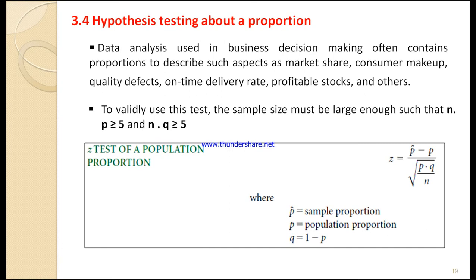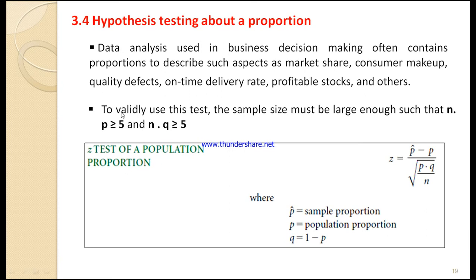Therefore, to test a hypothesis about a proportion, the sample size must be large enough, i.e., n times p must be greater than or equal to 5, as well as n times q must be greater than or equal to 5.